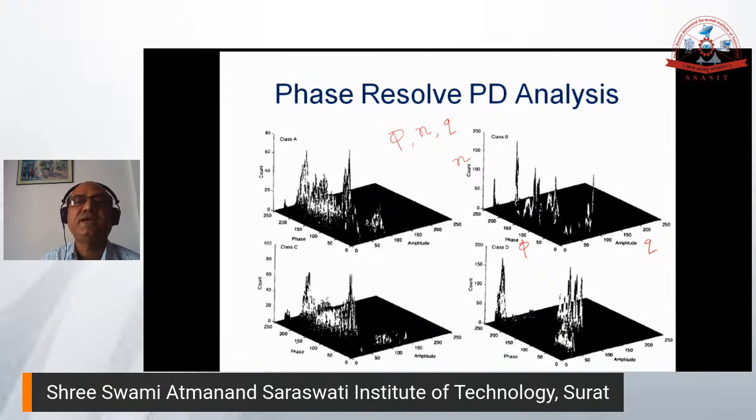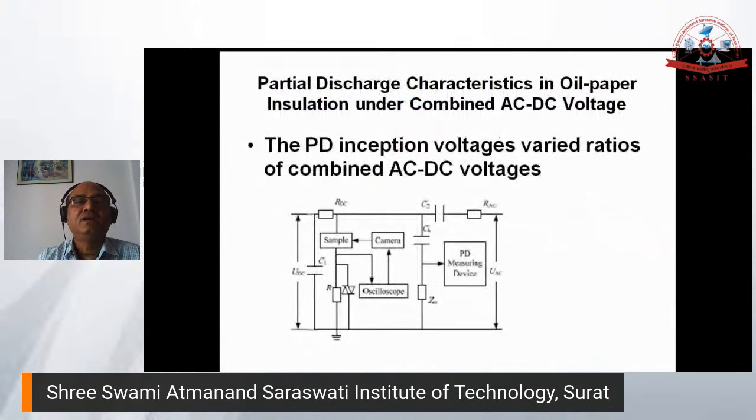So this is the phi-q-n pattern. This is the phase resolved PD analysis. There will be a PD measurement instrument, and even a normal oscilloscope can be used to measure the PD. But for that some more analysis is to be done, but you can have a dedicated PD measurement instrument.